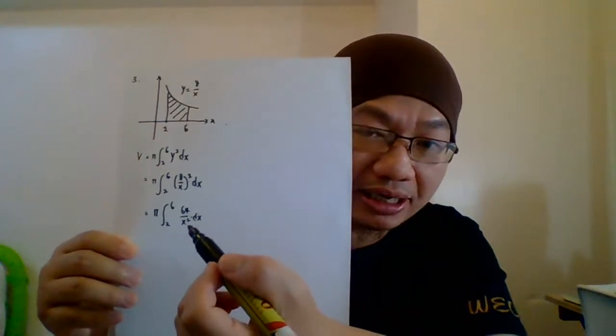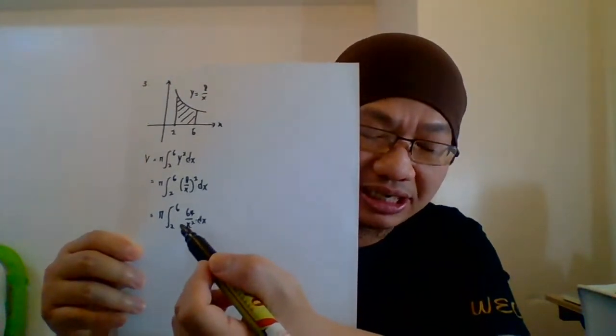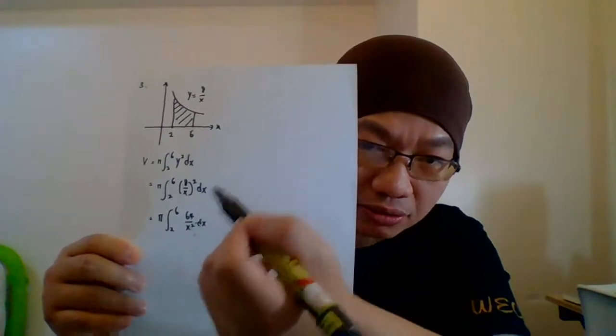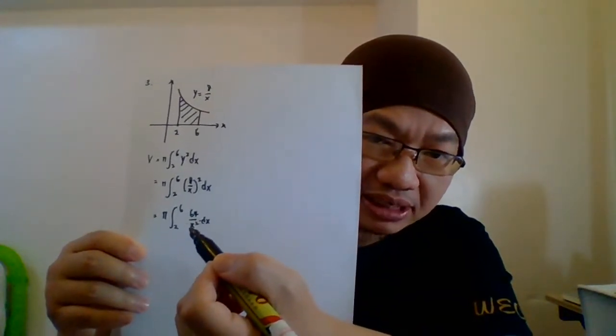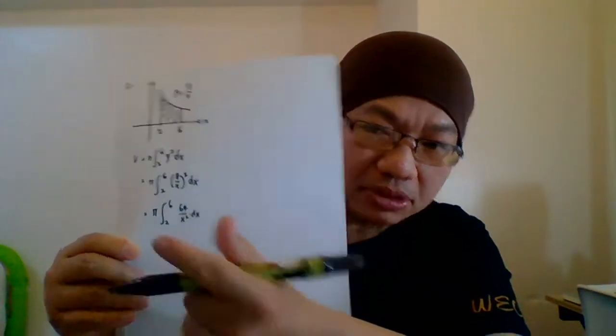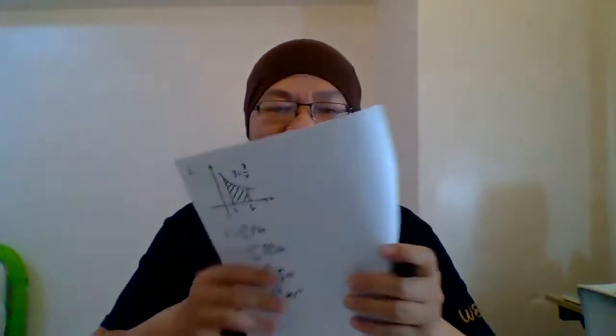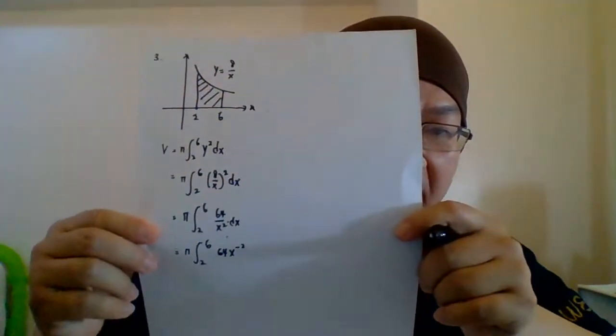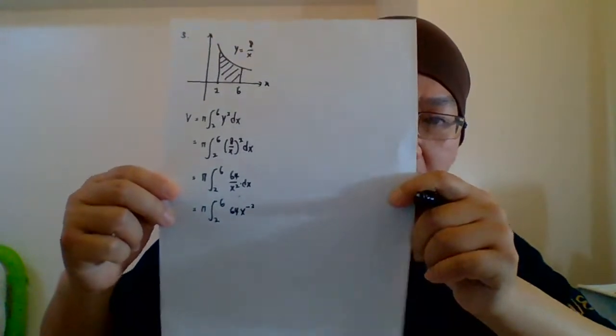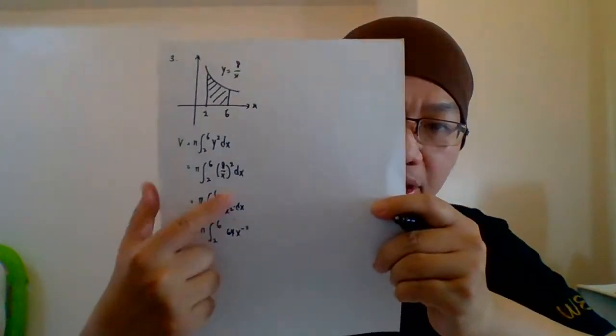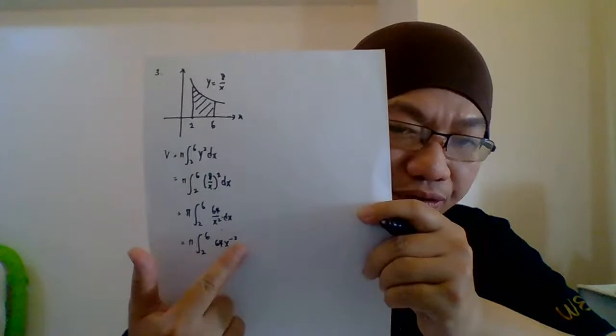We cannot integrate when x is a denominator. We must bring your x squared to the top so that it becomes 64x negative 2. You must bring the x squared to the top first before you start integrate.